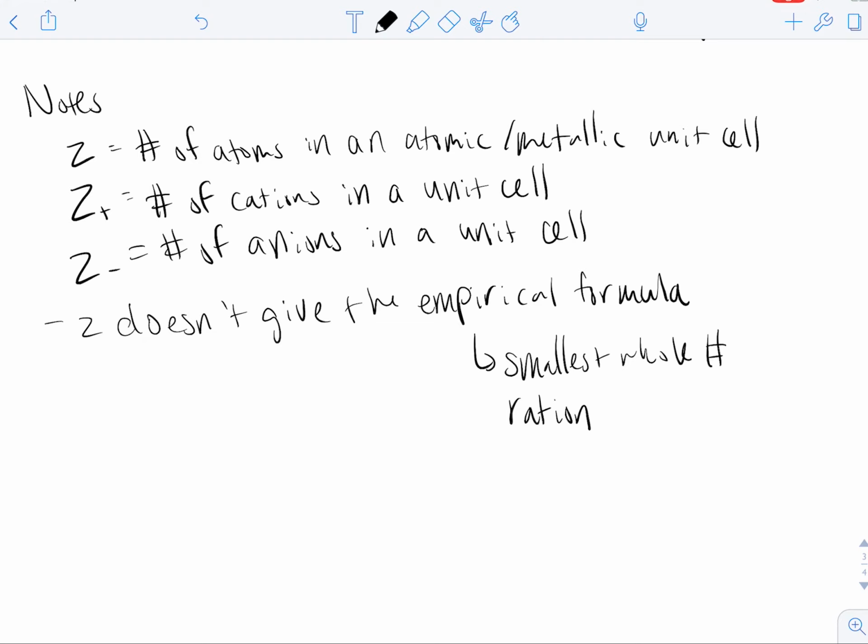Also, keep in mind our metallic solids will only have one Z type. So no Z minus, no Z plus. And it'll be based upon the packing of our unit cell.